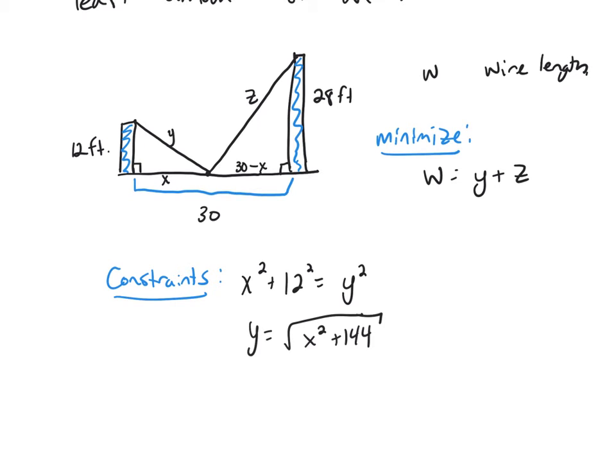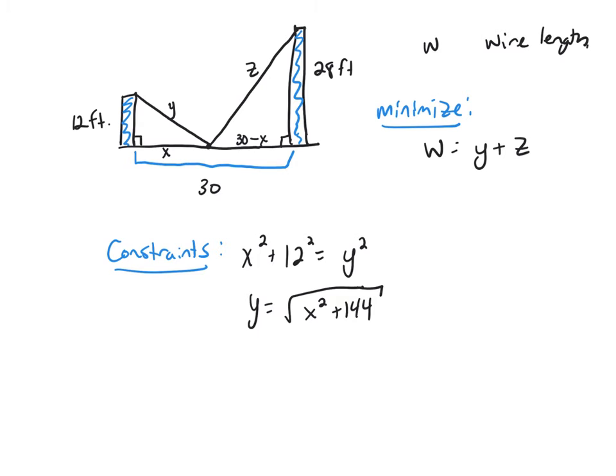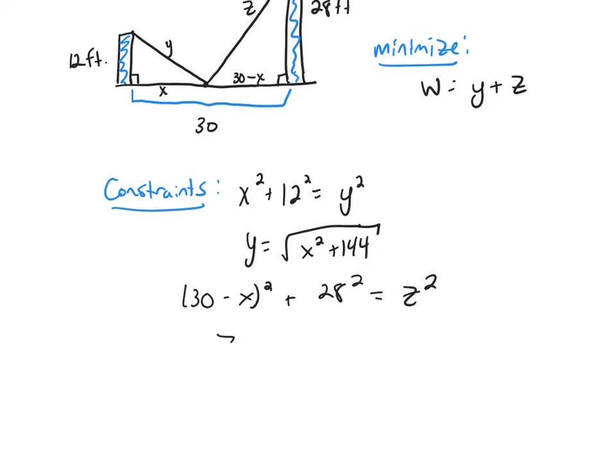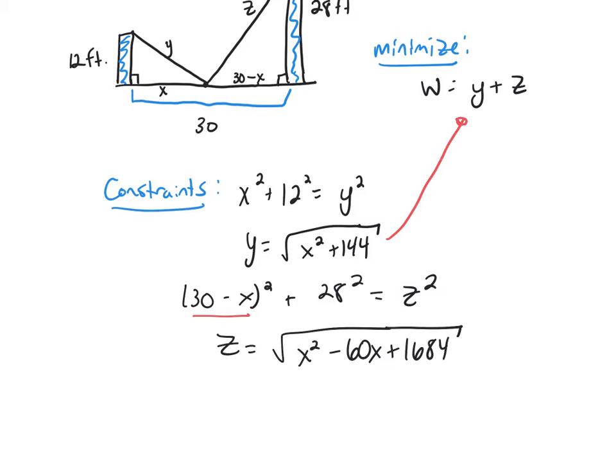And my other constraint is that (30 minus x) squared plus 28 squared equals z squared. If you solve for z now, z will be the square root, and if you FOIL this part out and group up your like terms, you'll get x squared minus 60x plus 1684. So these are my two constraints, which I can then plug into my function I'm trying to minimize.